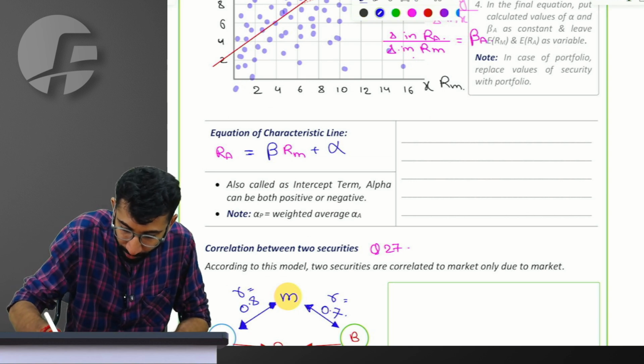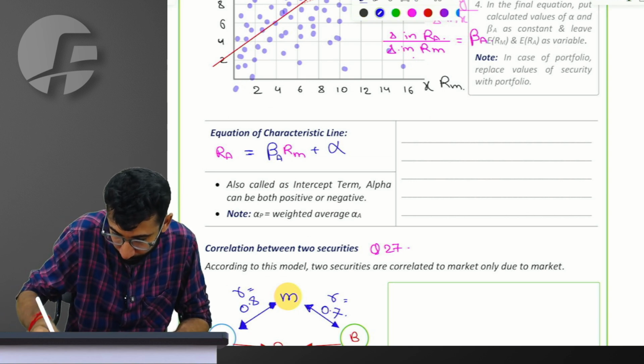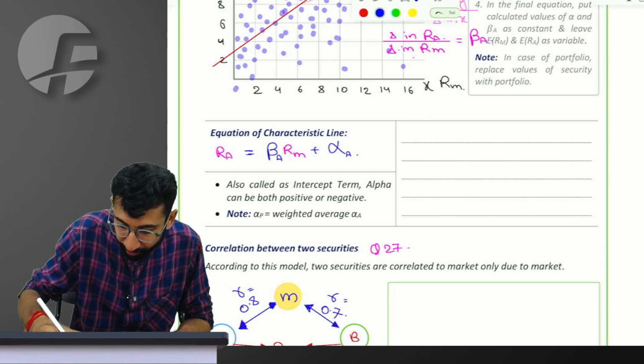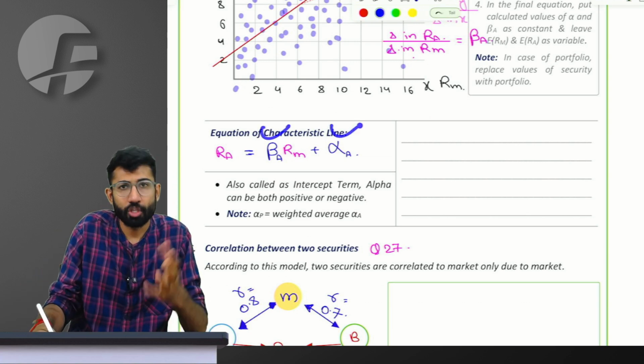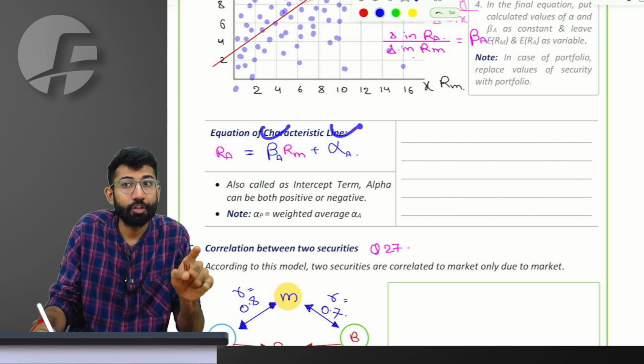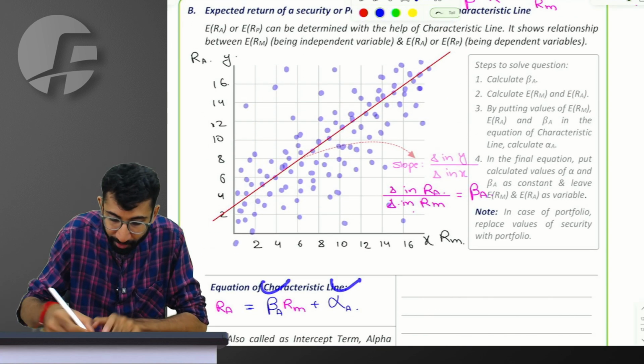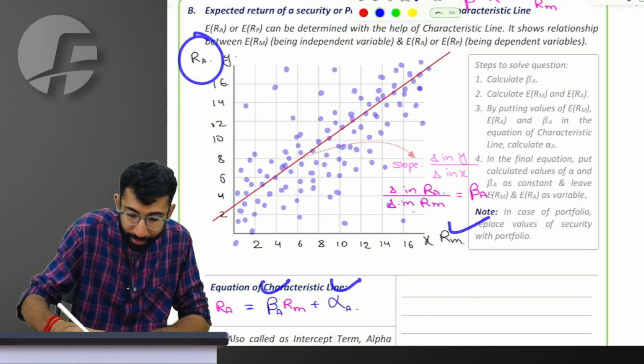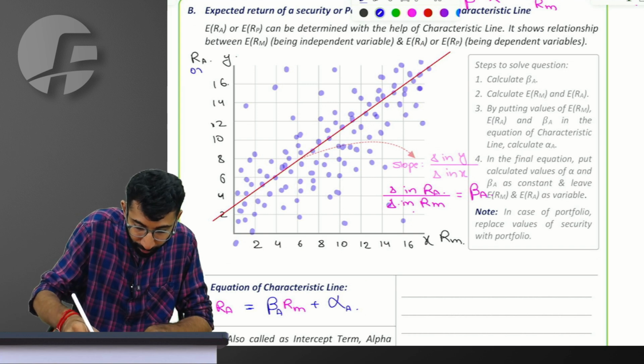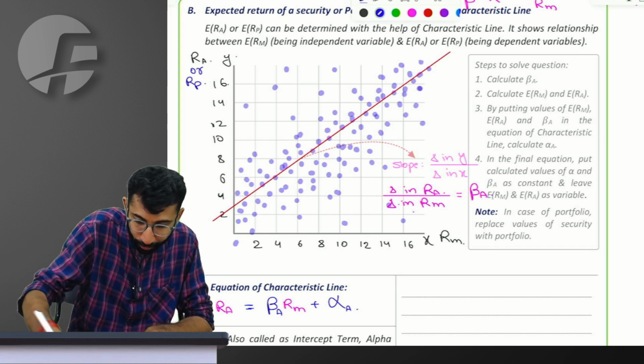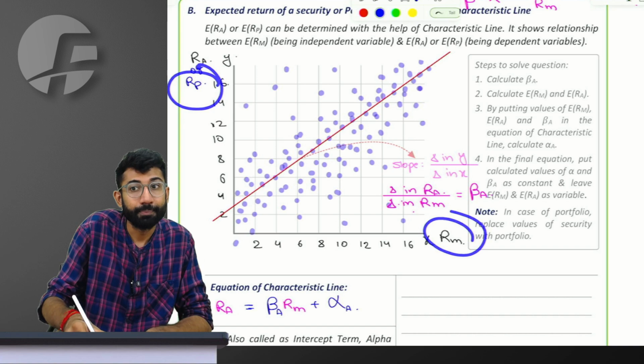So, I must tell you one more thing. Generally, I believe it should be the case of a security. If it is a security, you can compare market and security. However, if it is a portfolio, you will have to compare market and portfolio.